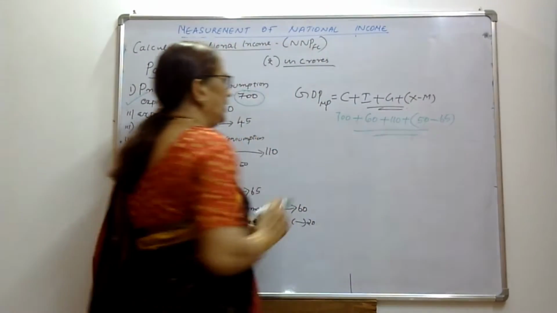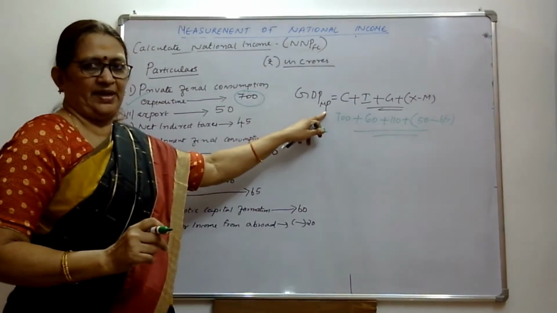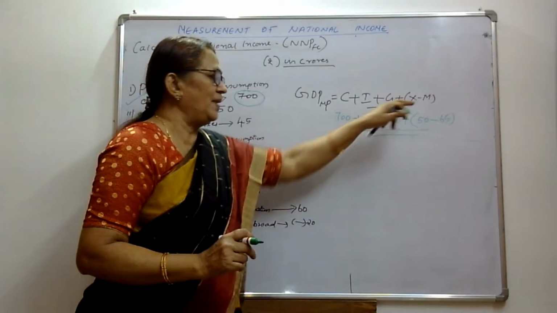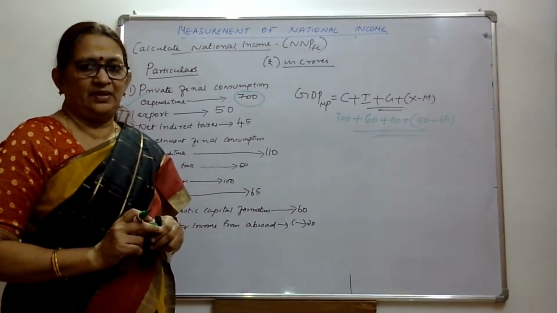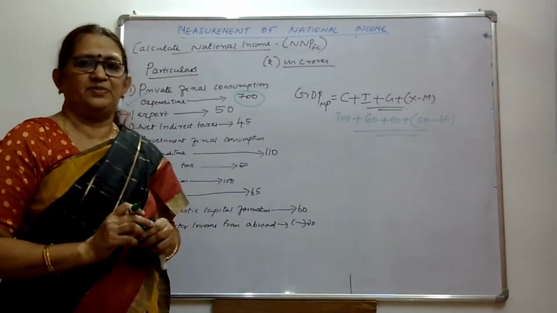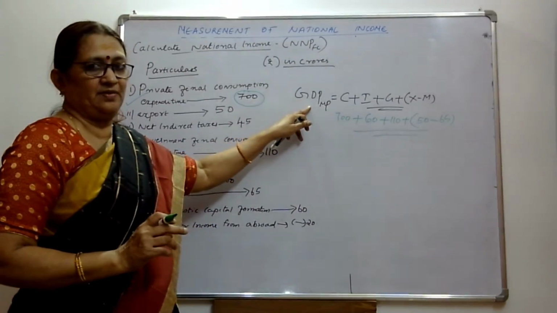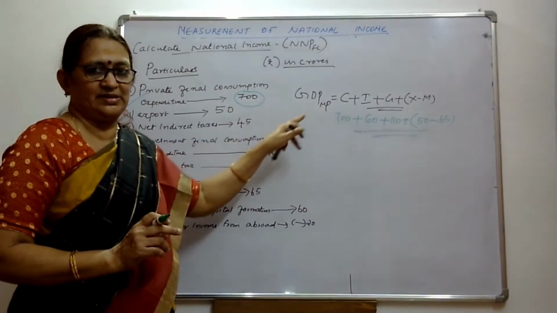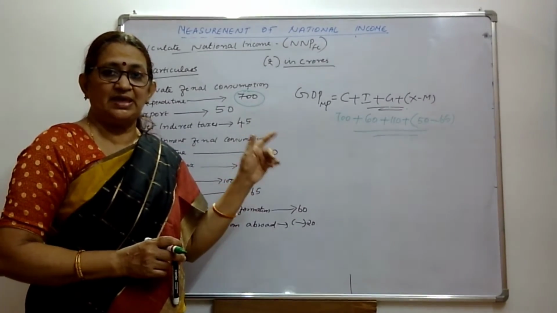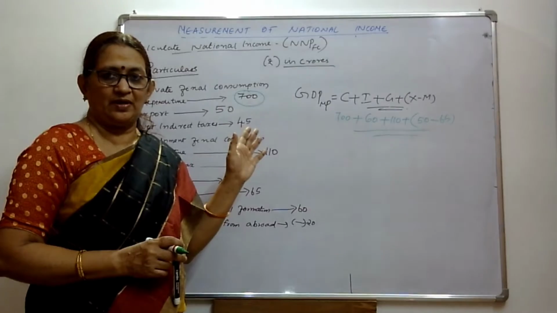So GDP at market price: C, I, G, X minus M. If it is given in the gross concept, we will get GDP at market price by adding all these. Gross investment is gross fixed investment plus change in stock.